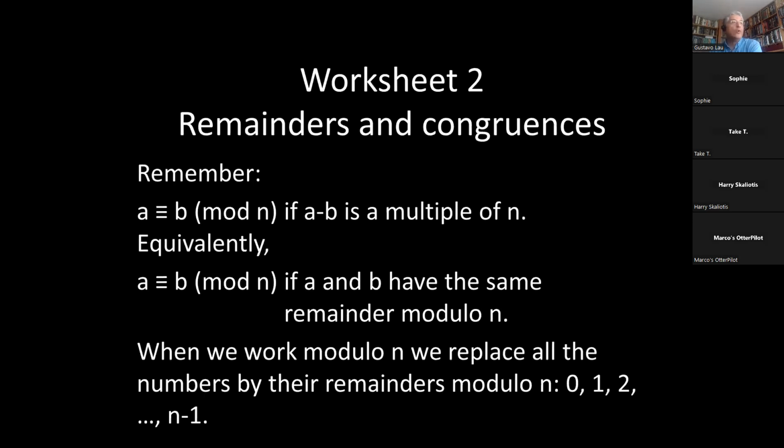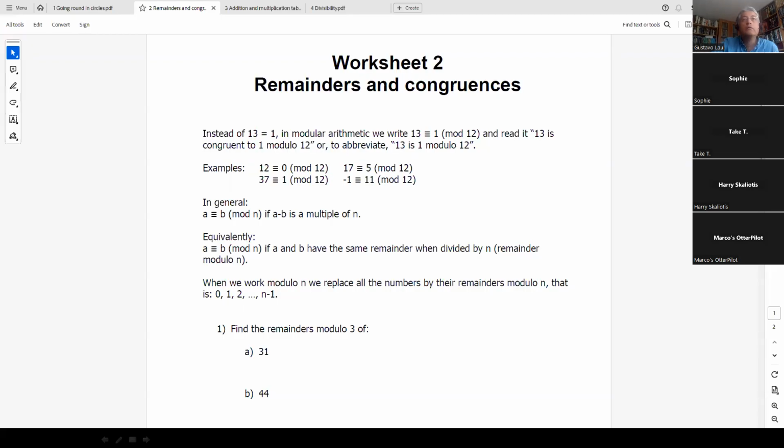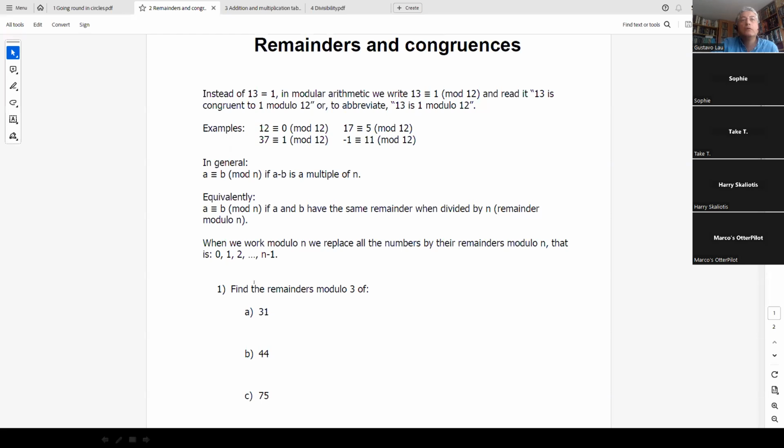Okay, so now I would like you to practice these 3. Let's go in order. Sophie, the remainder of 31 modulo 3. 1.